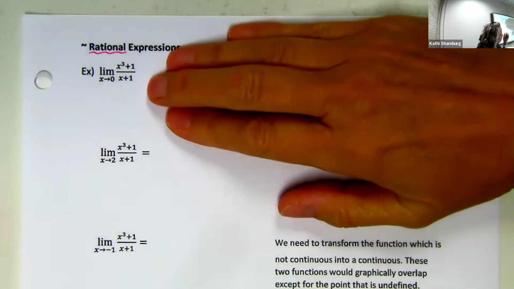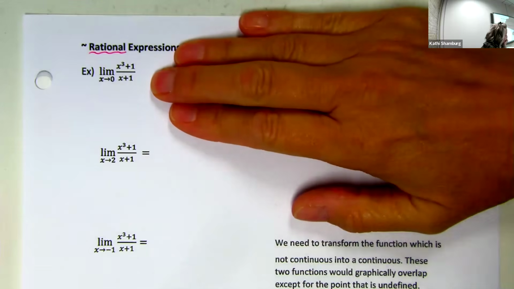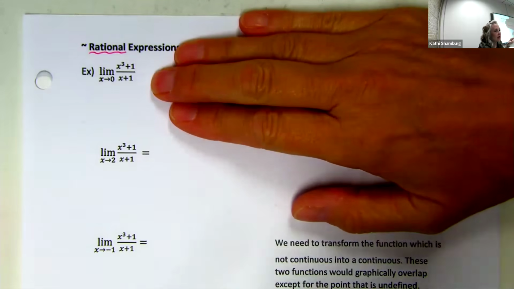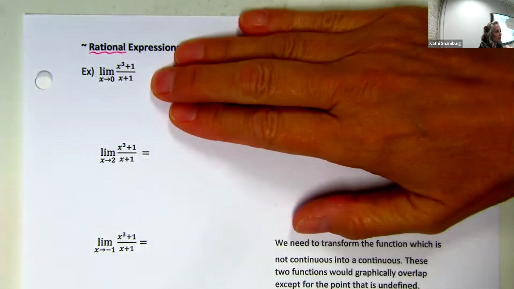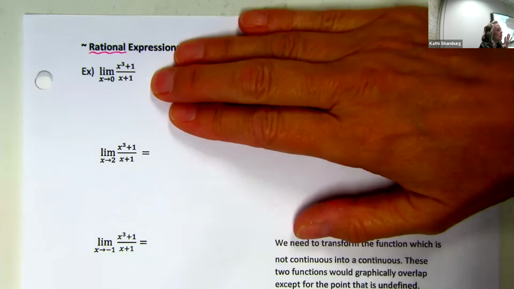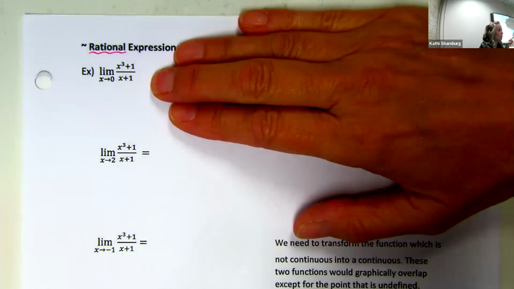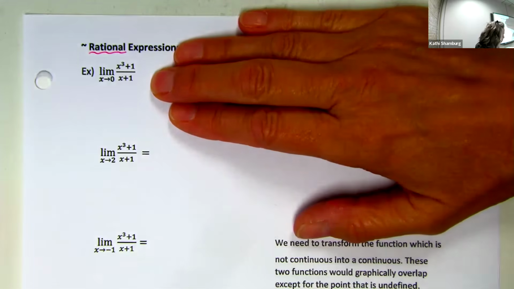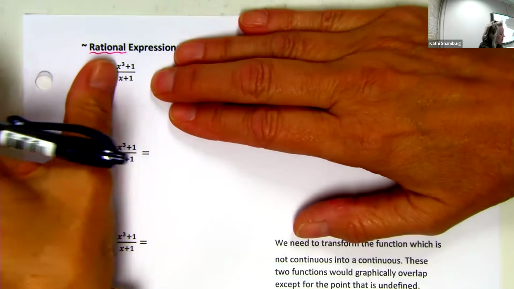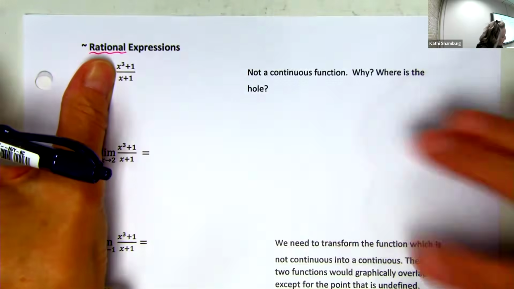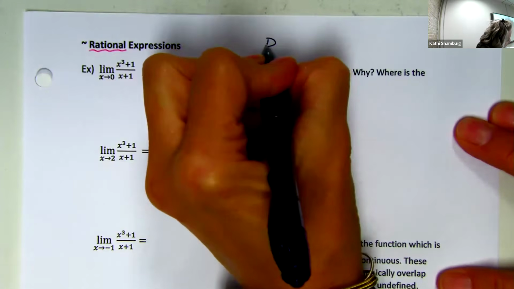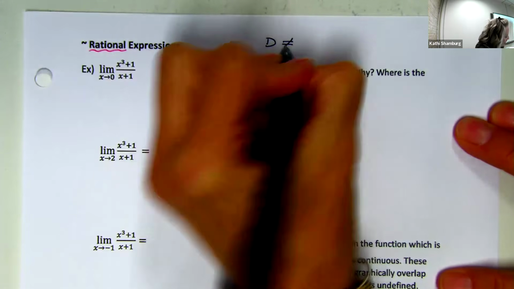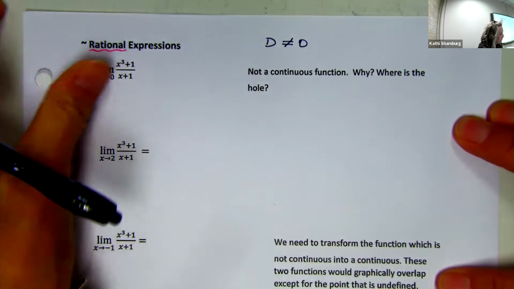Let's take a look at this right here. If I have a rational equation or expression, we have a restriction. What is always that restriction? The denominator cannot be 0. So when you look at just this, you think through, the denominator cannot be equal to 0.